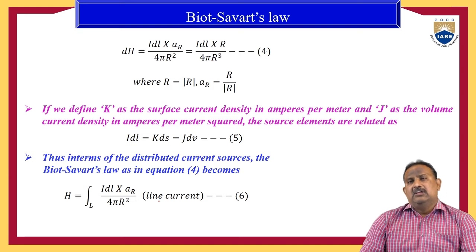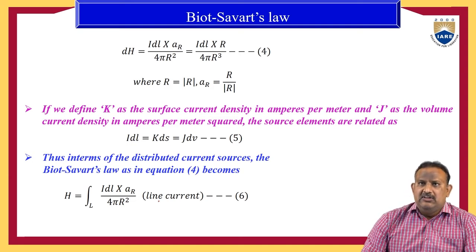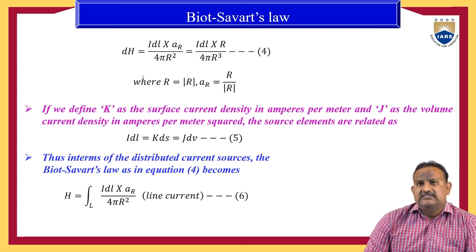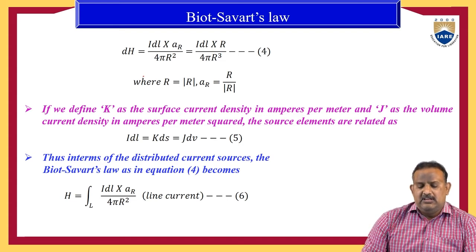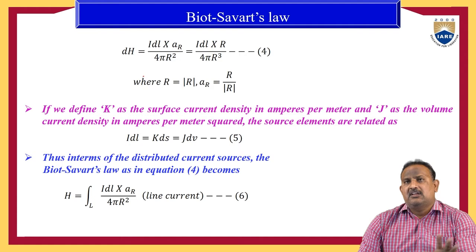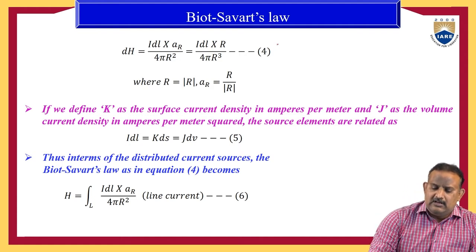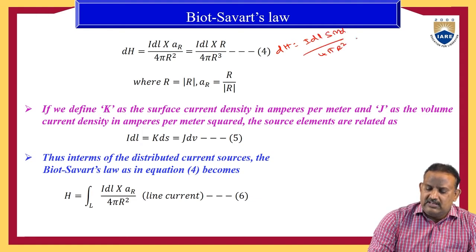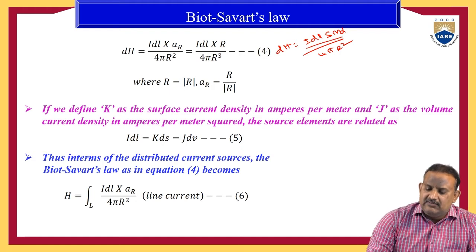Now we can readjust the equation. Already we have dH equal to Idl sine alpha by 4 pi r square. In place of Idl sine alpha, I am writing the cross product.